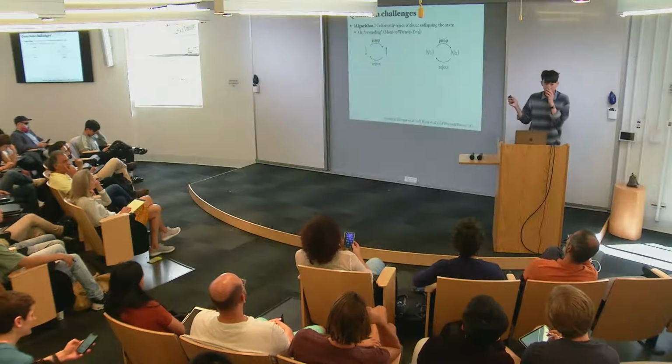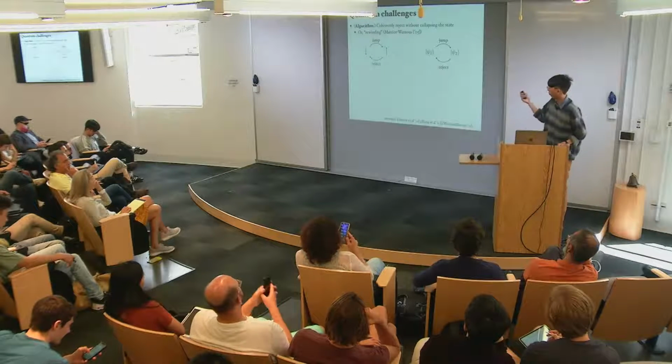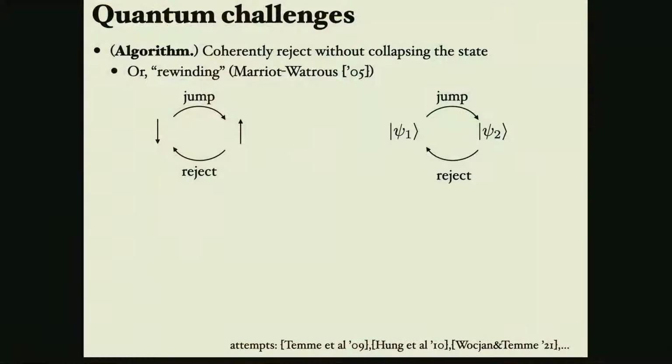There are lots of fun challenges if you want to go along this route. The first one is algorithmic. The challenge here is how you are going to coherently reject a state without collapsing it. Classically, if you want to do rejection sampling, you can just reject sometimes, undo the jump, or even just clone a state. You have lots of things you can do.